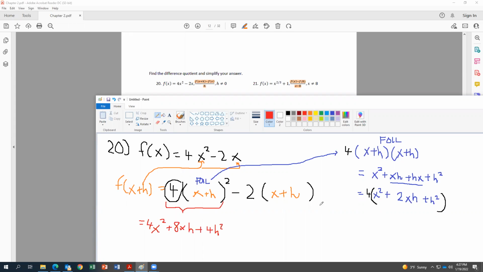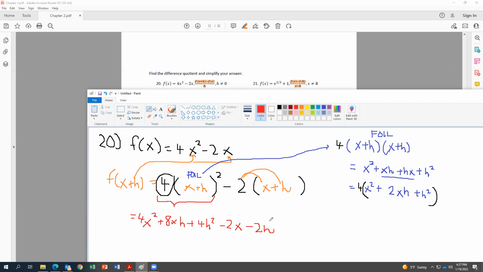You have to multiply all of this by 4. And then for this one, you have to distribute the negative 2 inside, so you will get negative 2x minus 2h. Notice that none of this is common or like terms, so you cannot combine like terms here.